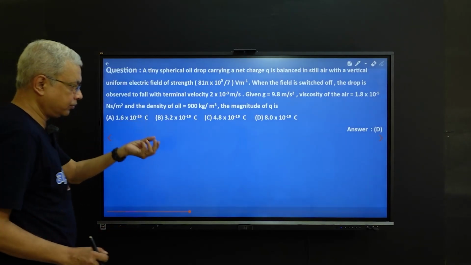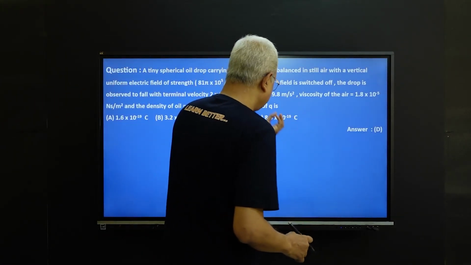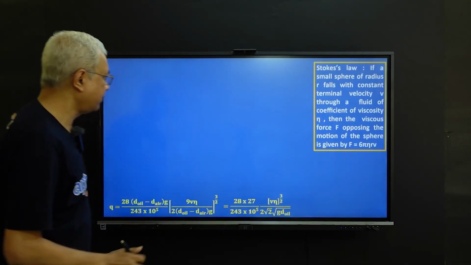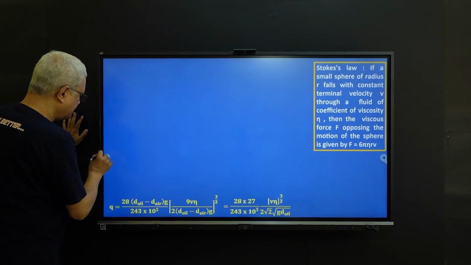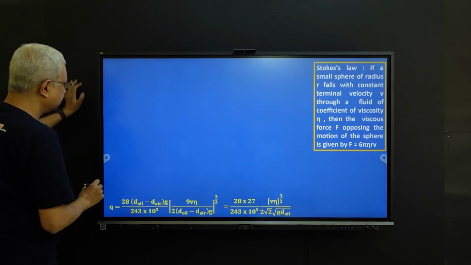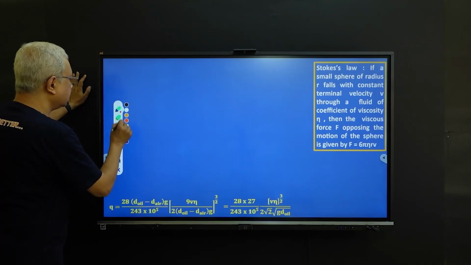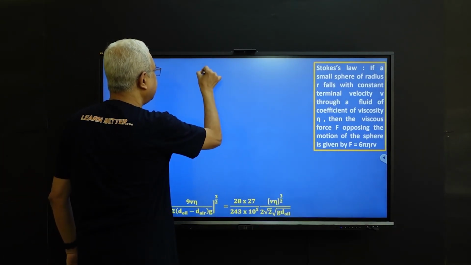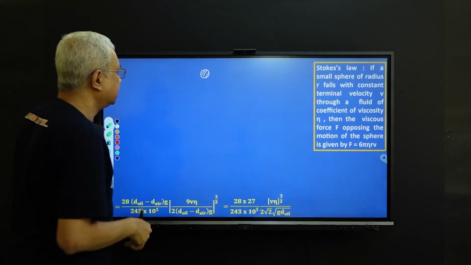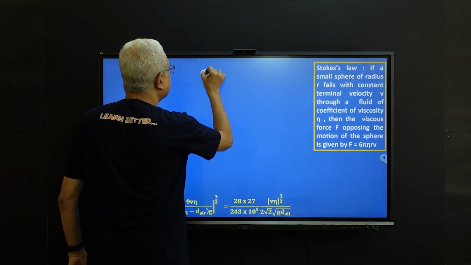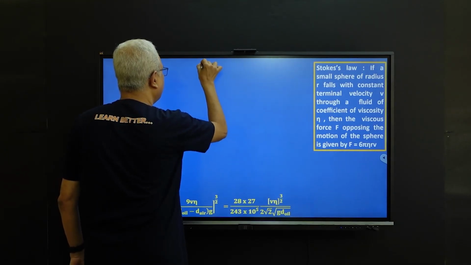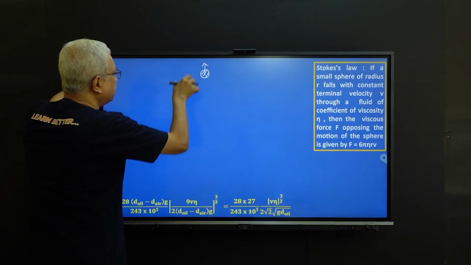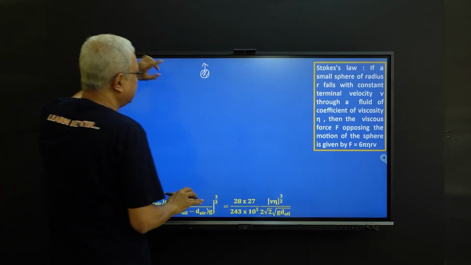some sphere falls in a viscous medium? Air is a viscous medium. So what happens? Just let us recall. Now consider that the oil drop is falling and there is no electric field.